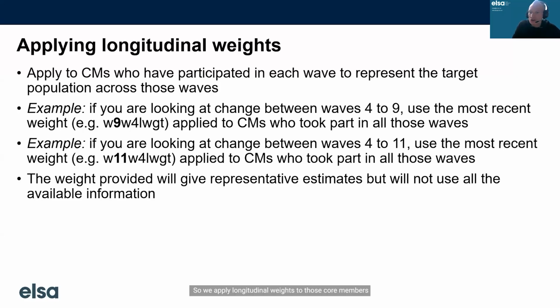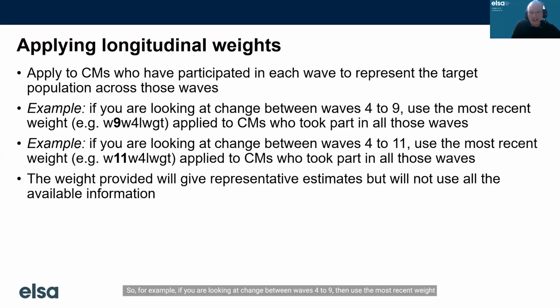So we apply longitudinal weights to those core members who have participated in each wave to represent the target population across those waves. And the common query is which weight to use.